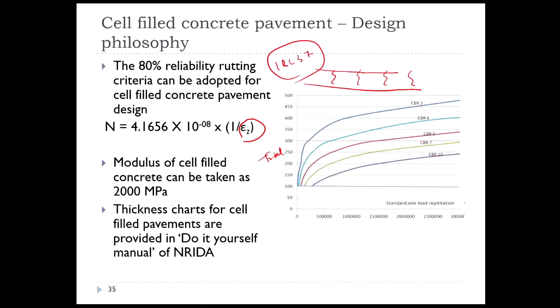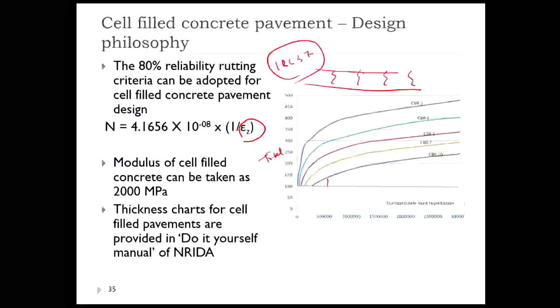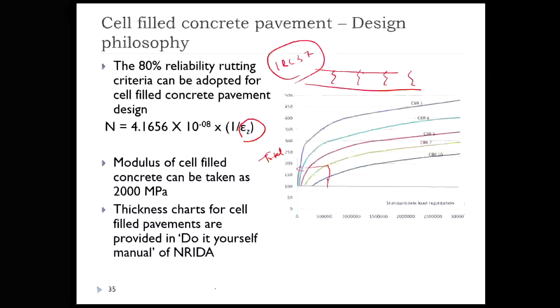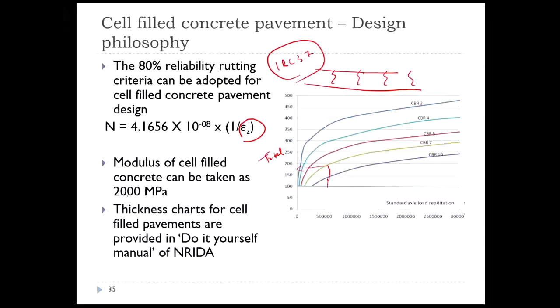There are design charts which facilitate a pavement designer: based on traffic levels and the CBR condition, you can determine the total thickness of the pavement required. If you want to do the pavement analysis using IIT Pave, you have to provide a modulus for this particular layer, and the modulus suggested in this manual is 2000 megapascals.